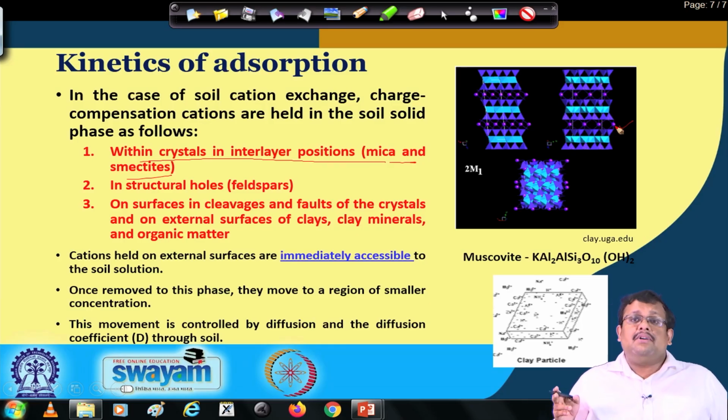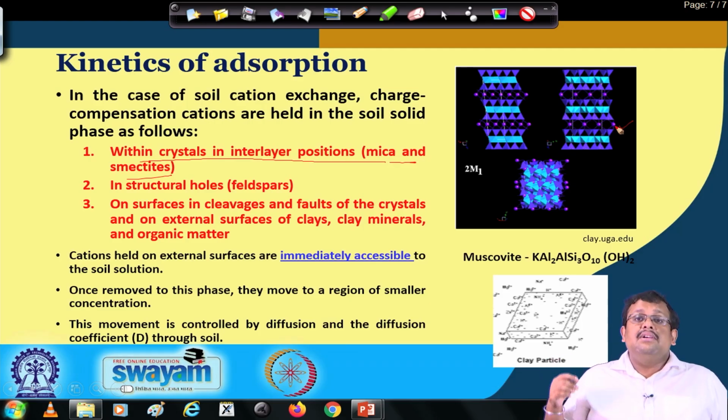Now, the second one is structural holes of feldspar. Now, you know that feldspars are the most abundant primary minerals, and their structure, which I will show you in the next slide, contains some holes. In these holes, cations can reside.